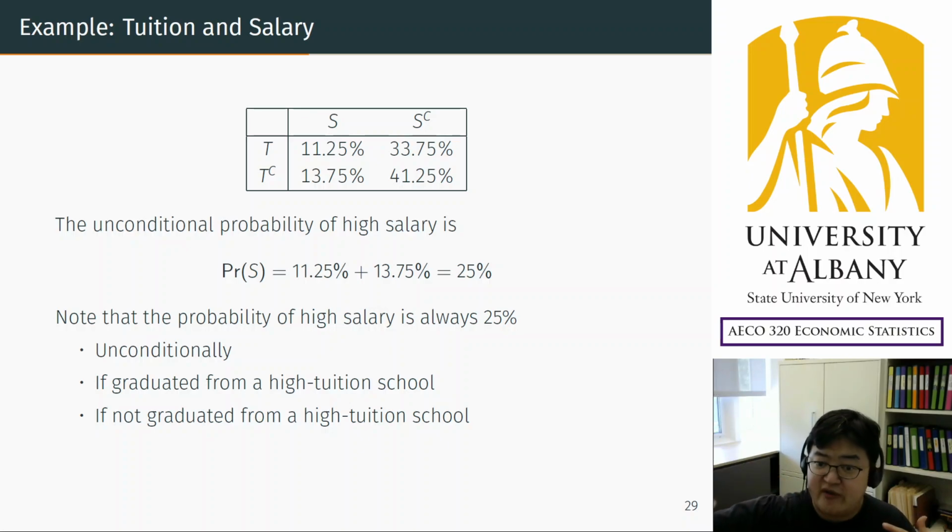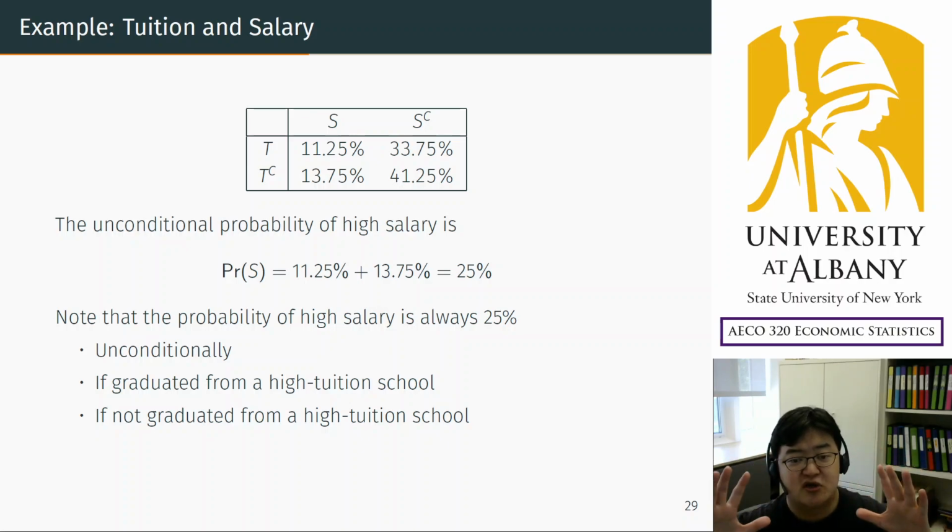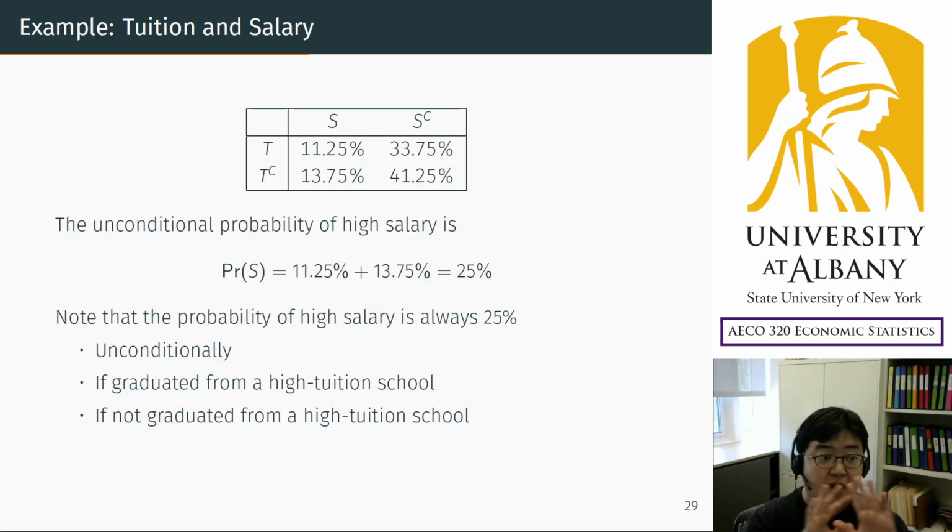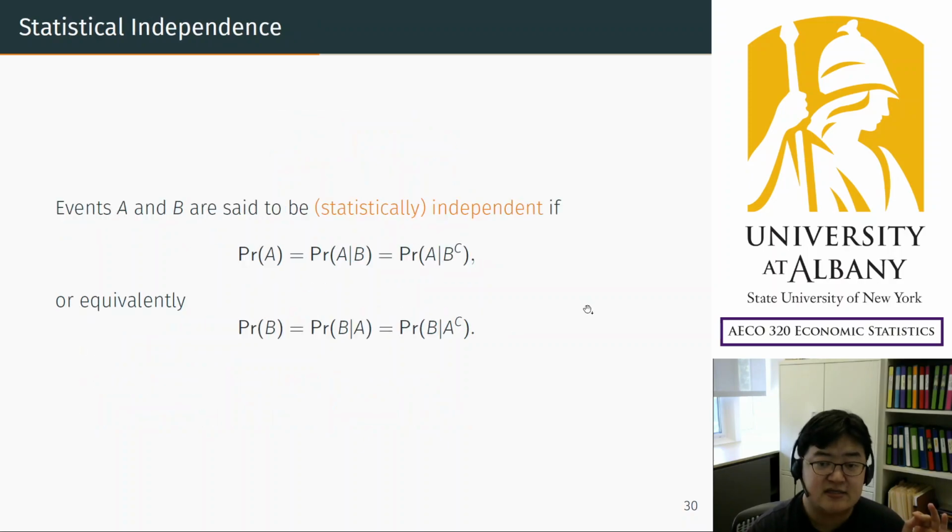Even if you graduate from a high tuition school, it's still 25%. Even if not, still 25%. So no matter what you condition on regarding tuition, the probability of high salary does not change. Always 25%.